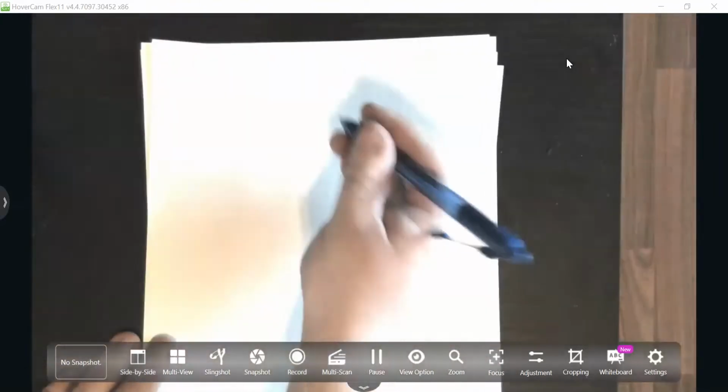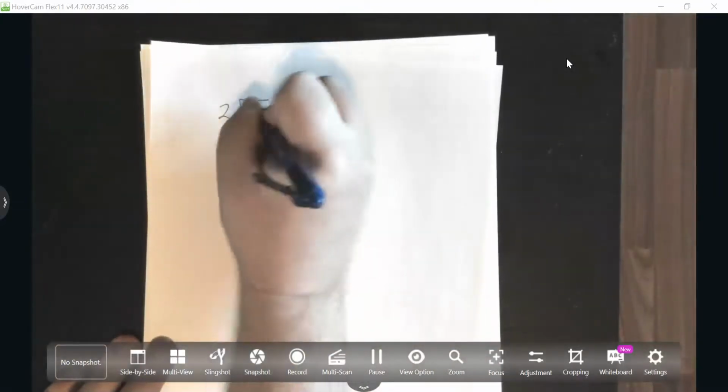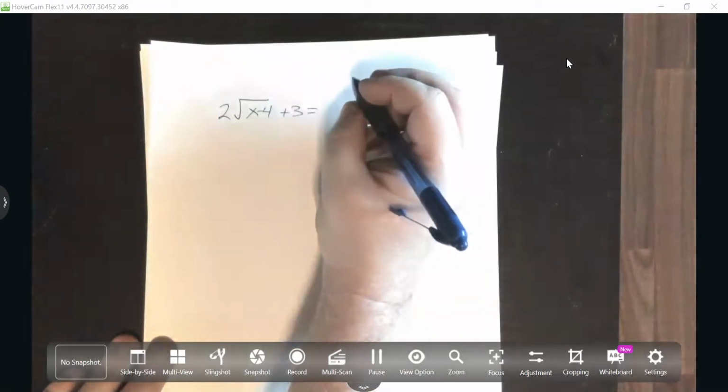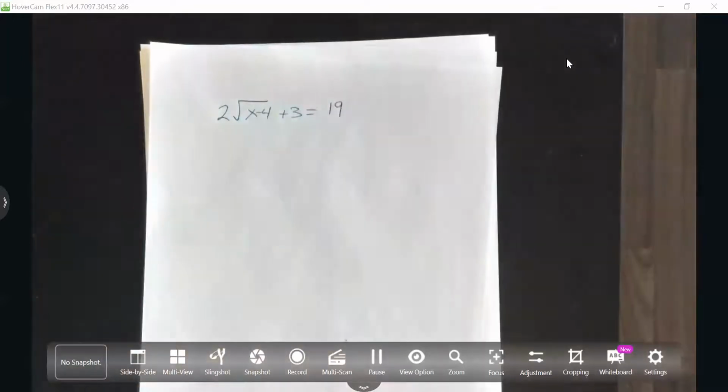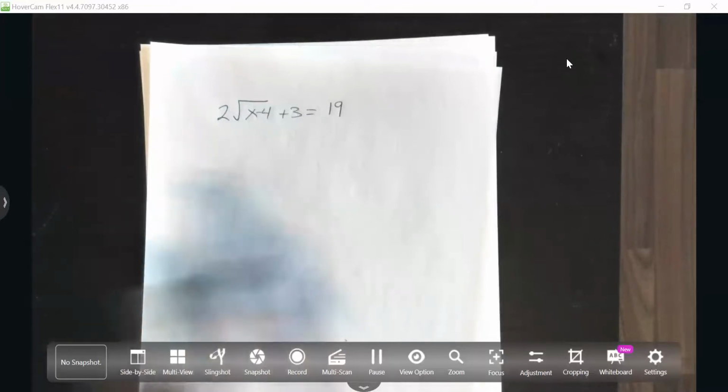So a quick review first. All right, so let's say we had something like this. We dealt with square root units a long time ago. What was it, unit 3 or 4, something like that. And we talked about our procedure for solving these.